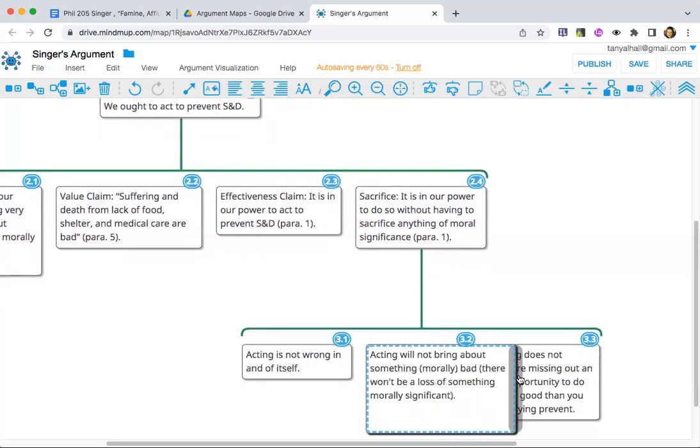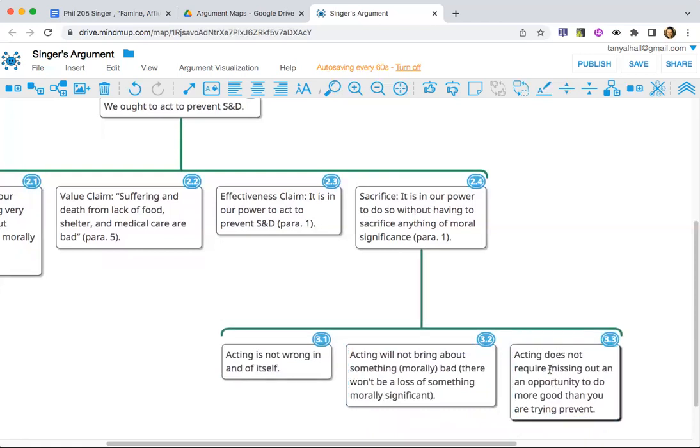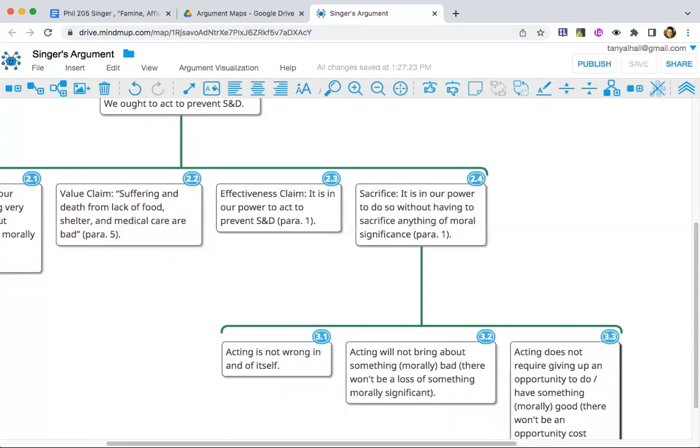And it doesn't require that we give up an opportunity. Sometimes this is called an opportunity cost, when in order to pursue something, you give up an opportunity.